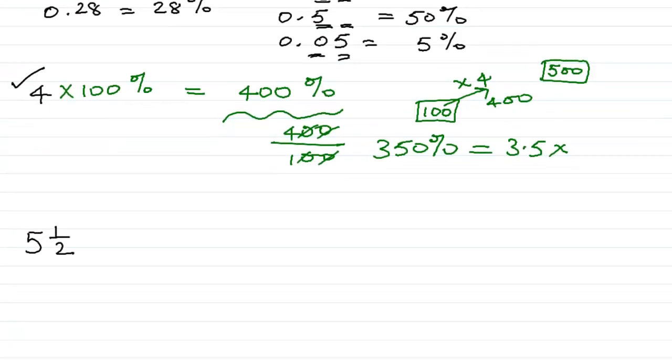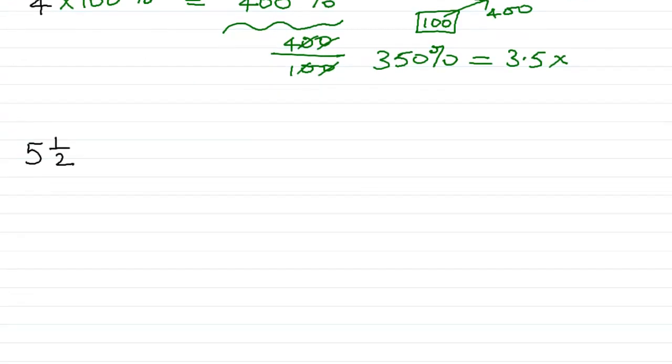Okay. Then one more sum, 5.5. So let us convert 5.5 as a percentage. So first of all, we can convert this mixed fraction into an improper fraction. So 5 twos is 10, and 10 plus 1 is 11. So this can be written as 11 upon 2. And now let us convert this 11 upon 2 as a percentage.